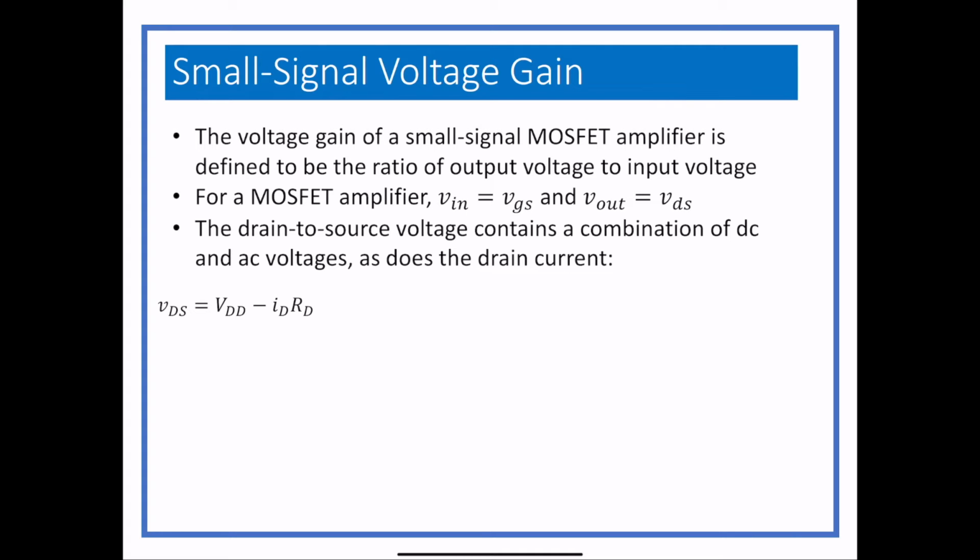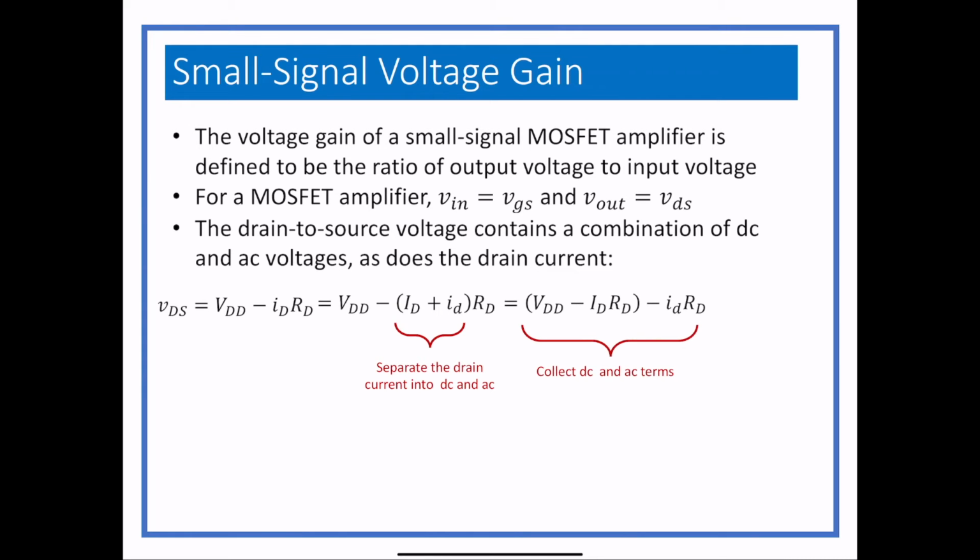So we can split that drain current up into an AC and a DC part. And then we can collect the DC and AC terms. So now we have VDD minus ID RD, all capital letters, which is the DC value of VDS, minus the AC current times RD. So that is kind of what gives us the value at the output.